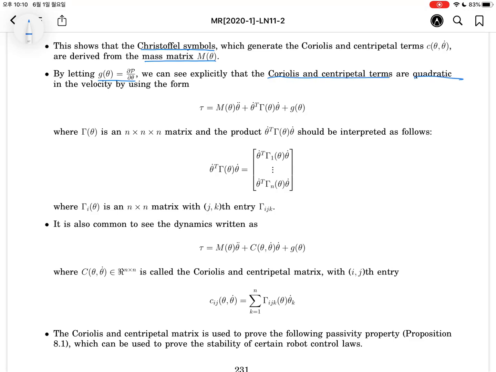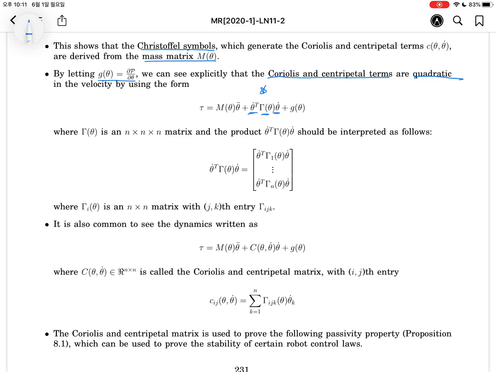We can see explicitly the Coriolis and the centripetal terms are quadratic in the velocity by using this form. If you want to emphasize that the Coriolis and the centripetal terms are quadratic, at the time theta dot transpose and theta dot can be multiplied at the front and the latter part. So if you write down this equation, you should keep in mind the gamma is a third order tensor.